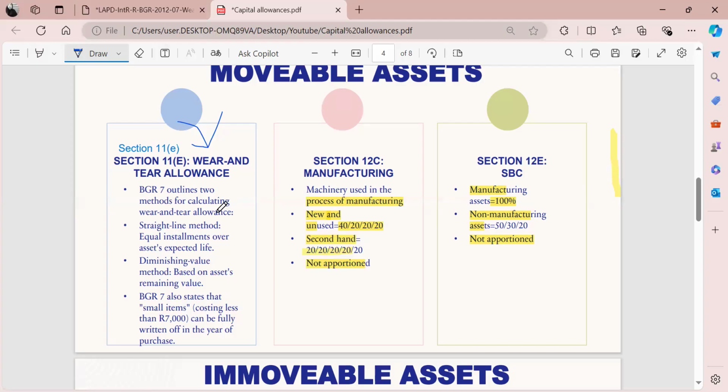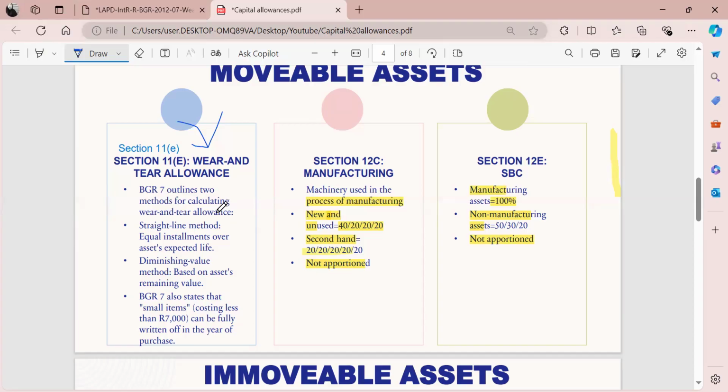So in that case, you have to make the best decision for the taxpayer, and the best decision for the taxpayer would be choosing the capital allowance which would result in the highest deduction from the normal tax calculation, or from the taxable income calculation, right?